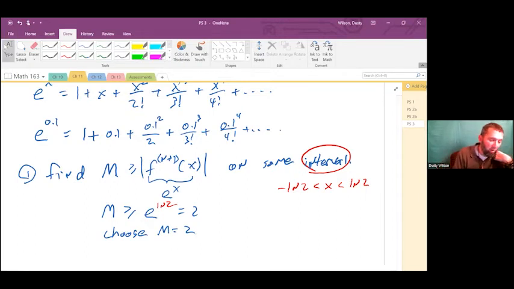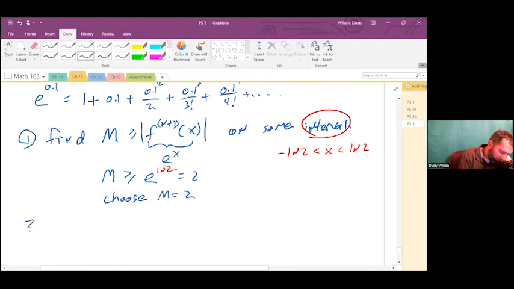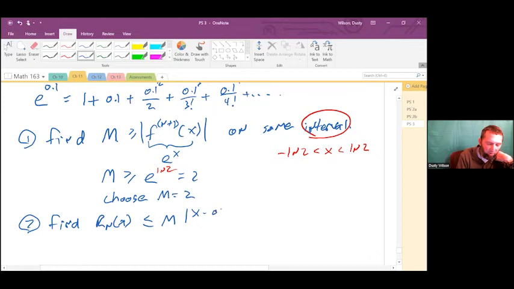So now we've got to find our remainder. We know Rn of x is always less than or equal to M times the magnitude of x minus a, where a is 0, raised to the n plus 1 power, over n plus 1 factorial.